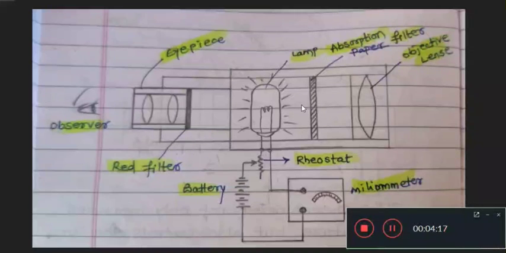The current may be adjusted by the rheostat, and the milliammeter will show the reading. This is how we find out the unknown temperature of a hot body by using the optical pyrometer.